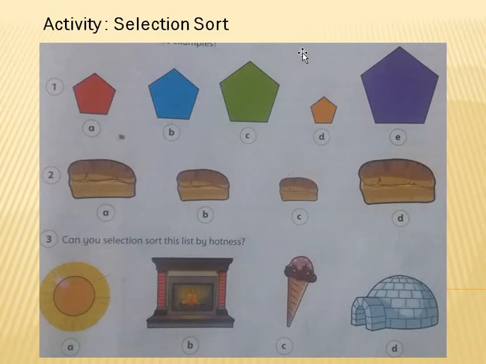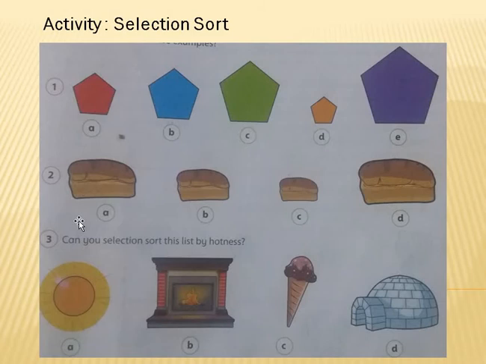I would request you to apply the approach of selection sort on these three lists, 1, 2, and 3, applying the same approach and sequencing each list by using the selection sort.